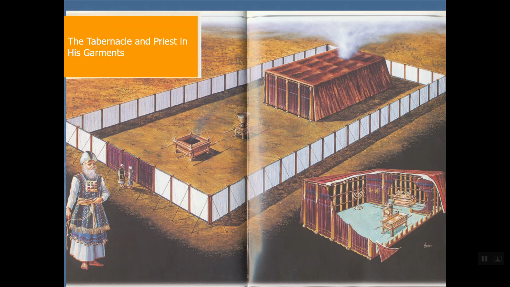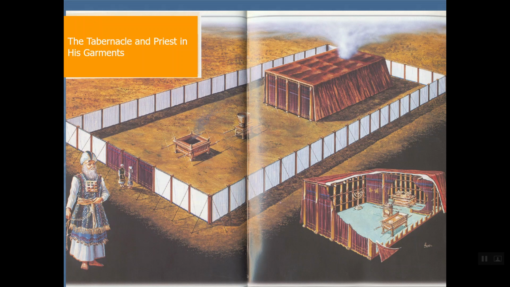This was the holy place, and the priests would maintain the altar of incense, they would maintain the showbread, but only the high priest, and only once a year, would go inside the Holy of Holies, the holiest place, and he would make atonement for the sins of the people once a year there.